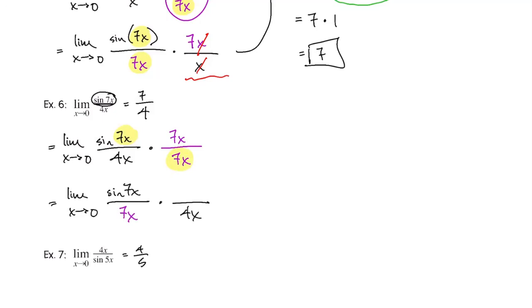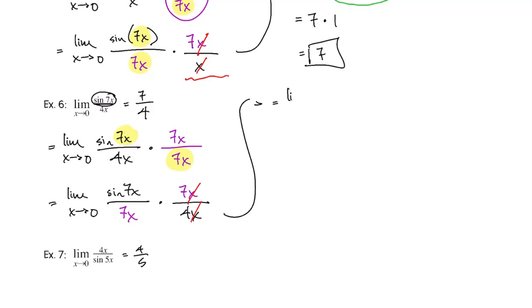Now the 4x goes here, 7x goes up here. Now 7x over x, well, that reduced to 7. But 7x over 4x, that reduces to 7/4, right? These x's reduce to 1, and I'm left with 7/4.